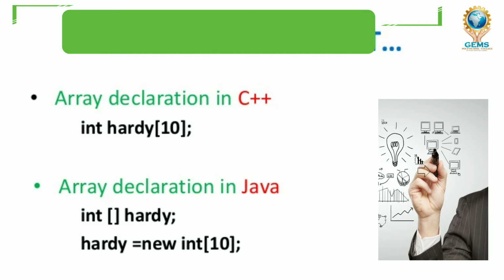Now, array declaration. How will we do array declaration in a programming language, especially in Java? When you want to declare an array, we have to follow one syntax. In my last lecture, I already explained about array declaration. Anyway, I want to discuss the same thing again here.